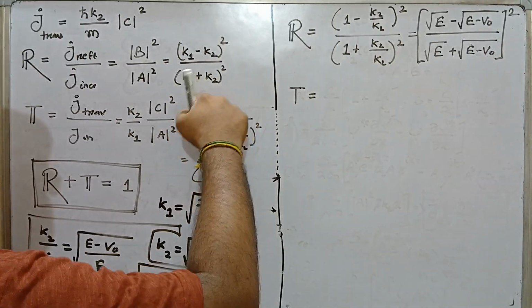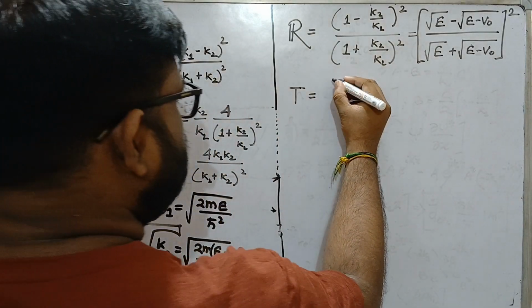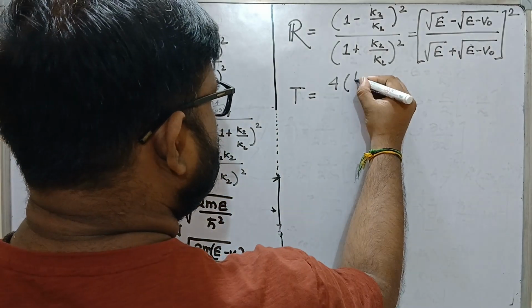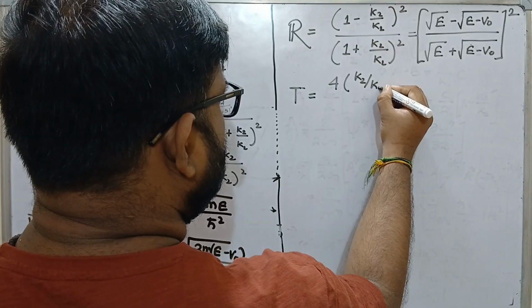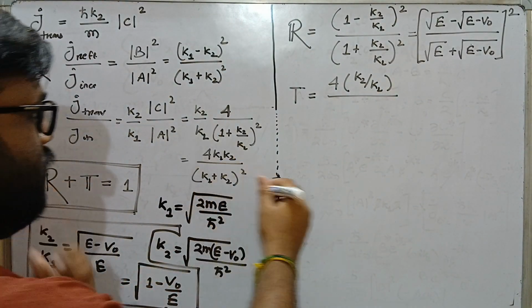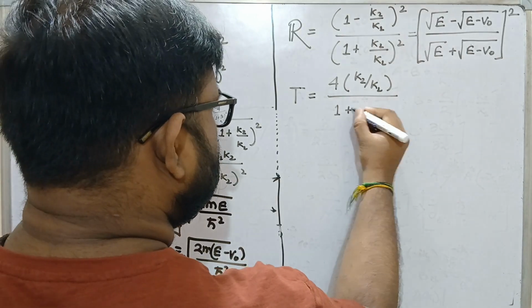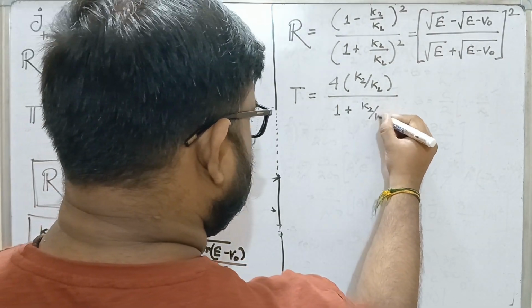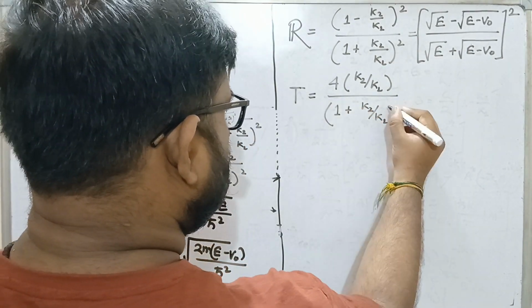Look at this. This is nothing but 4 K2 by K1 divided by (1 plus K2 by K1) whole square.